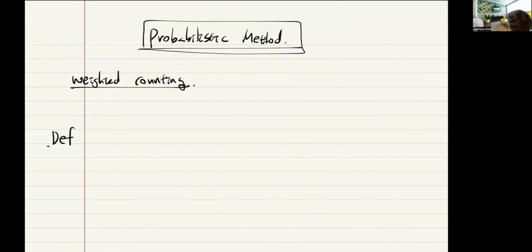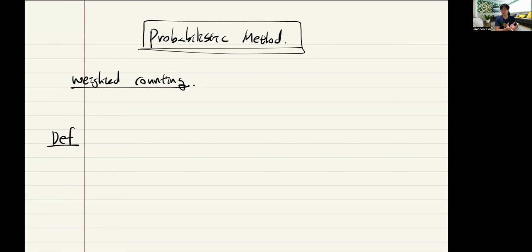And those weights are the probability. We consider this weighted counting as if we are choosing one of them with a certain probability, and those probabilities are proportional to its weight. Then you compute the probability that your chosen one is one of these sets.